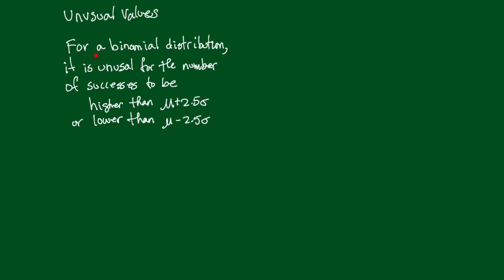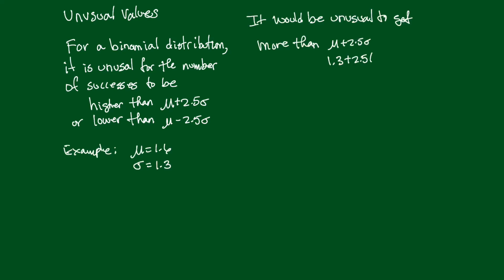So for a binomial distribution, it's unusual for the number of successes to be really high or really low. By high and low, we mean this: higher than the expected value plus 2.5 standard deviations, or lower than the expected value minus 2.5 standard deviations. So for example, in that last problem we just did, the mean is 1.6 and the standard deviation is 1.3.